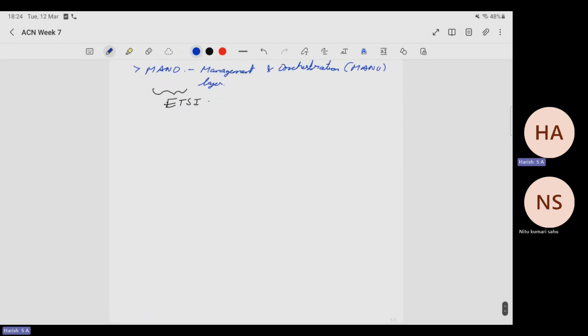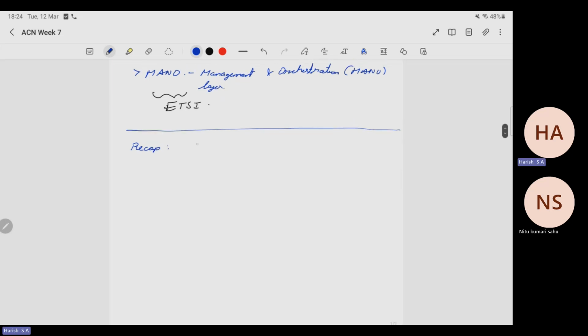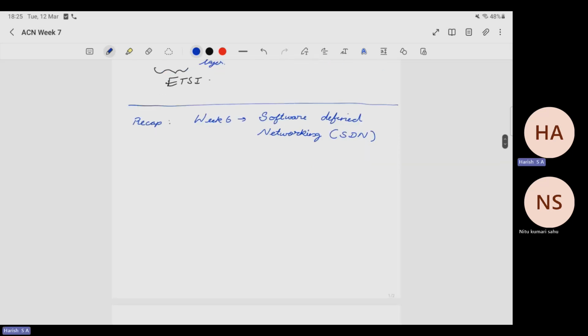Let's have a small recap of what we did last week, and then move on to what is happening this week, so that you'll have the context in your mind. Recap, week 6: software defined networking, SDN.